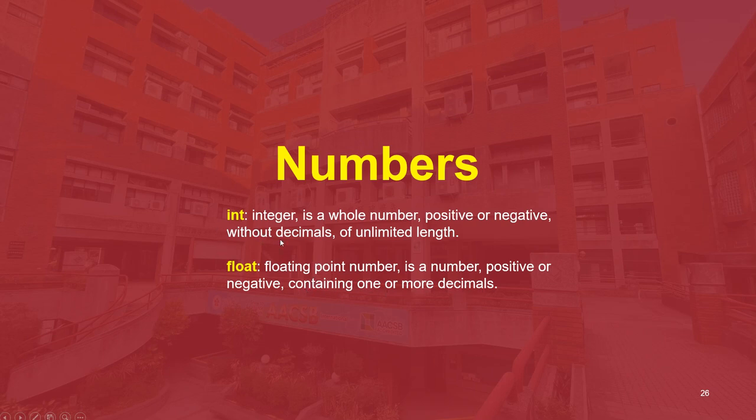But if this is an integer, that is very easy for a computer. So that is their difference, and sometimes we want to make sure they are different. One is integers, and the other has decimals, so that is floating point numbers.